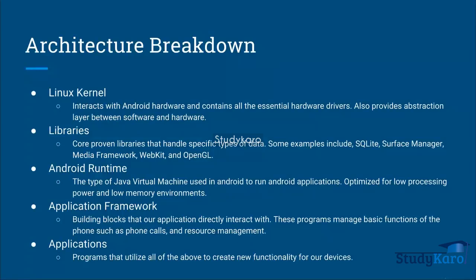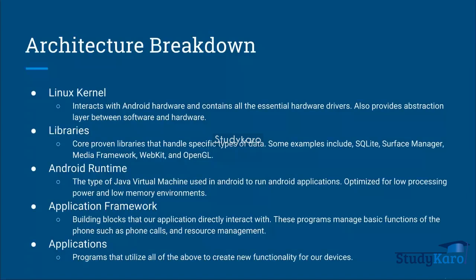So our application framework is the building blocks that our applications directly interact with. These programs manage basic functions of the phone, such as phone calls and resource management. And these are the tools or the blocks that we are going to grab and utilize when we are building our applications.